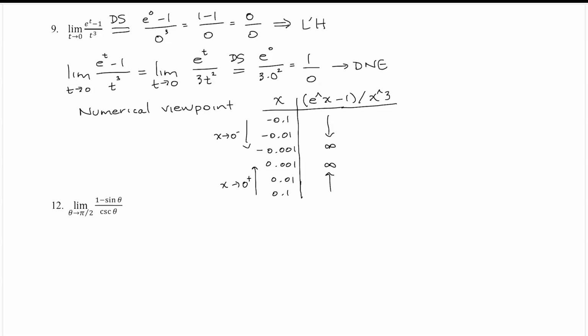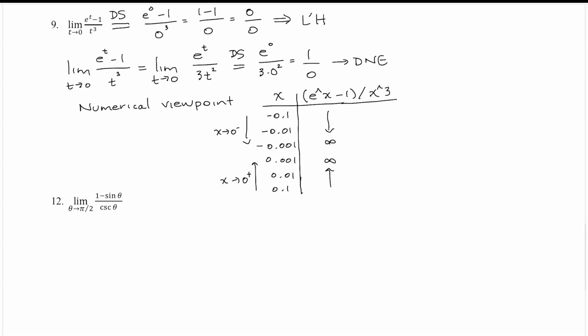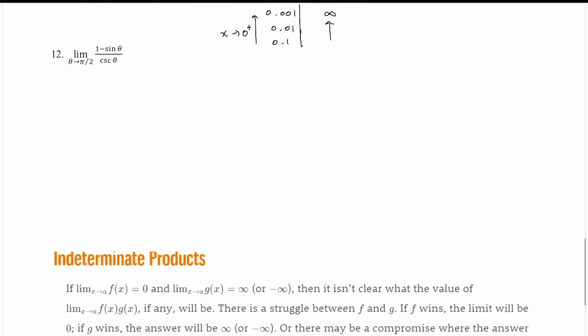And what you should see is in either direction the outputs are increasing without bound, so they're becoming infinite, which again we could write that the limit equals infinity, and that's correct, but just keep in mind that that means the limit actually does not exist, so we could write DNE as well.